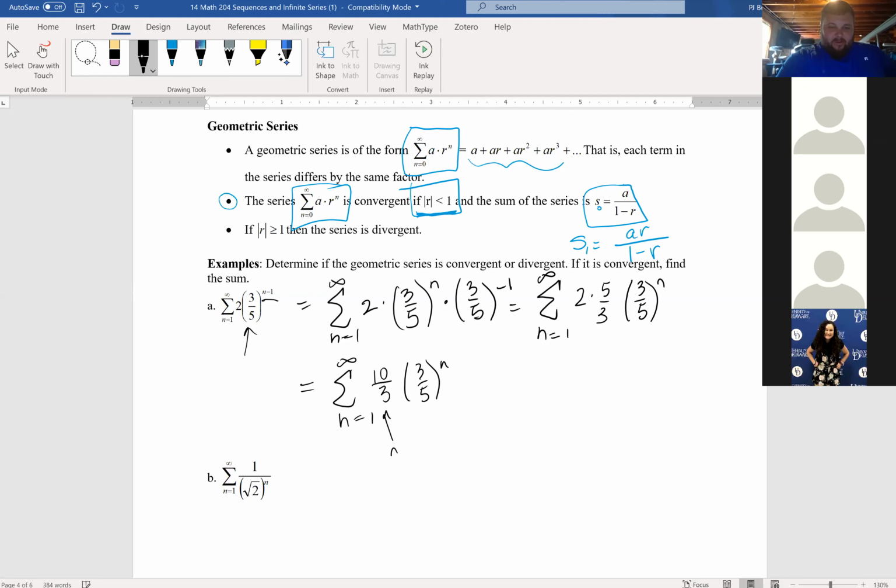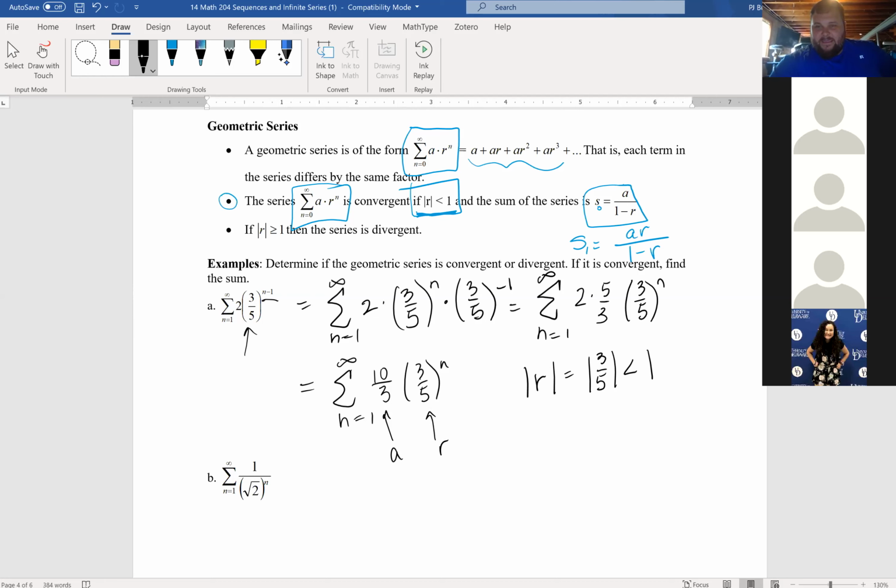There is a number out in front that I can call a, and there is a ratio to the power n that I can call r. For convergence, I need to prove that the absolute value of r, which in this case is the absolute value of 3/5, is less than 1.